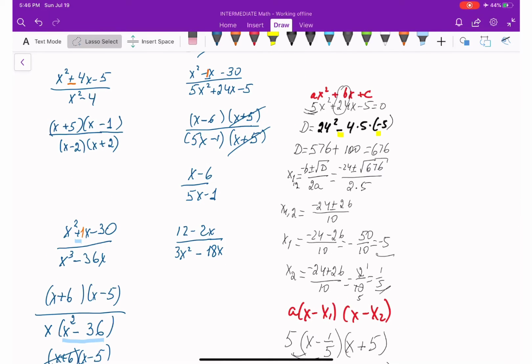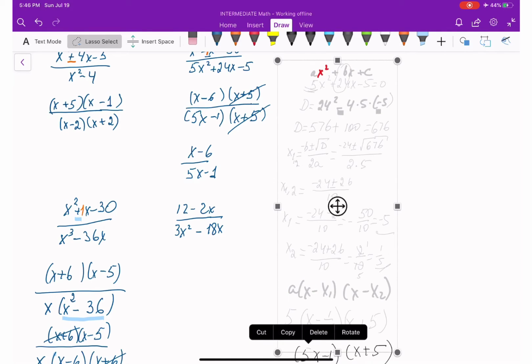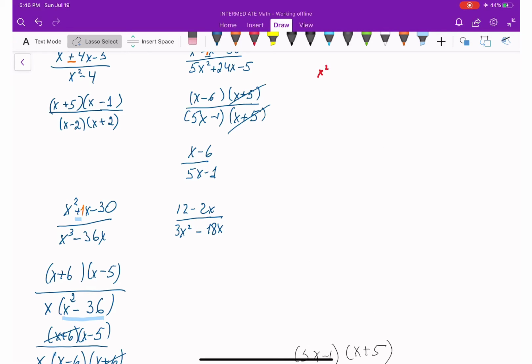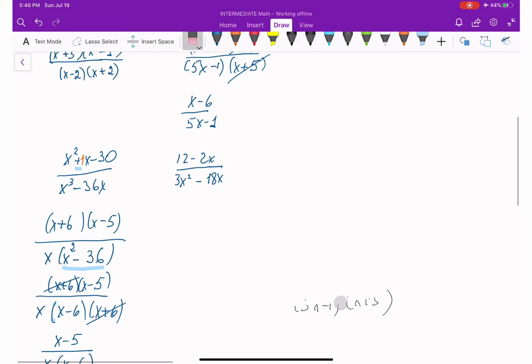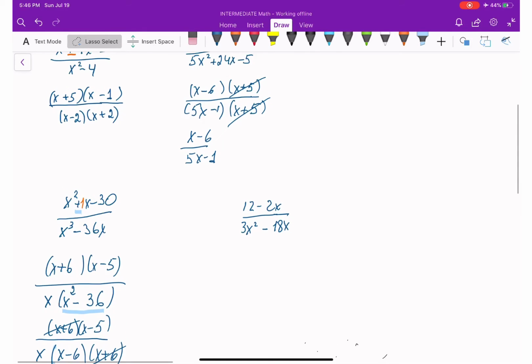Let me clean all this because this was all drafting. And at the same time make space. All right, so what do we have here?